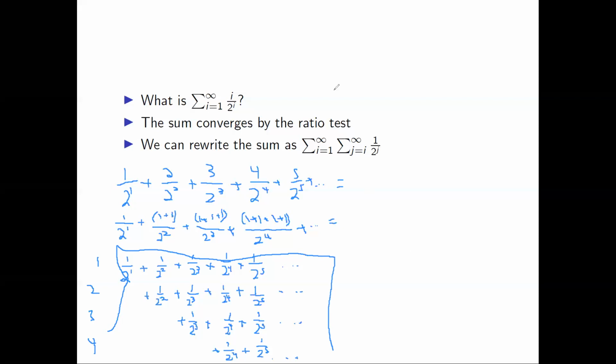So that's the reason why we're able to rewrite the sum from i equals 1 to infinity of i over 2 to the i as the sum from i equals 1 to infinity of the sum from j equals i to infinity of 1 over 2 to the j. So I'm going to clear that, and then we'll see how we can finish off this nested sum and get an exact value.